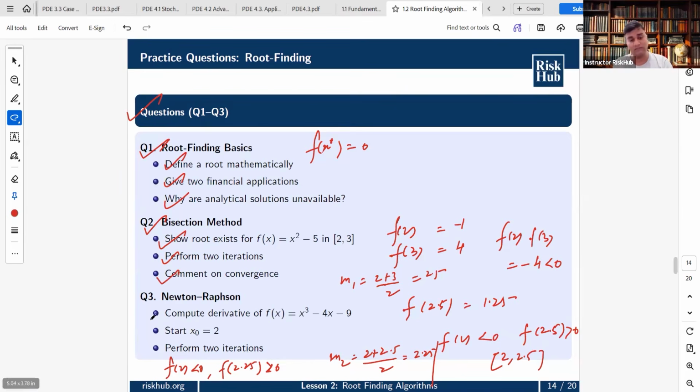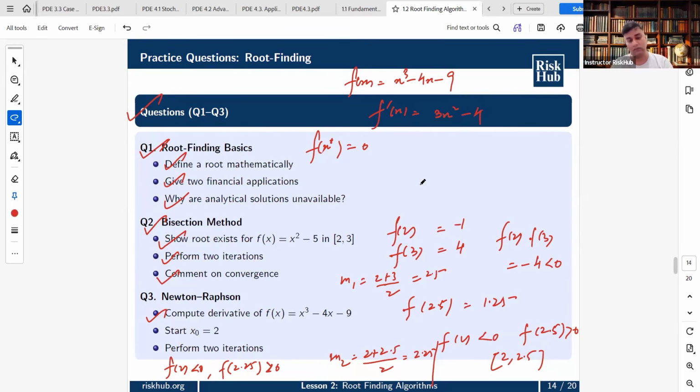Question number 3, Newton-Raphson: compute the derivative of f(x) equals x cubed minus 4x minus 9. You know that, right? So if f(x) is x cubed minus 4x minus 9, f'(x) is equal to 3x squared minus 4. The slide solution seems to have a small typo.